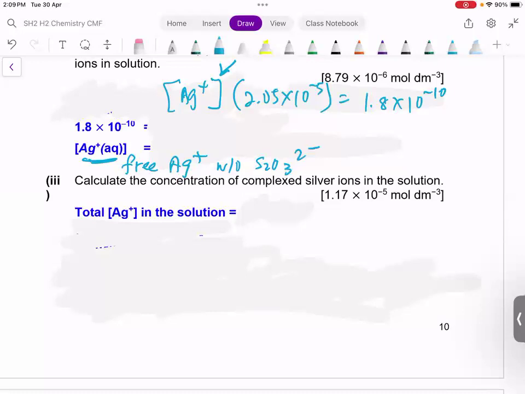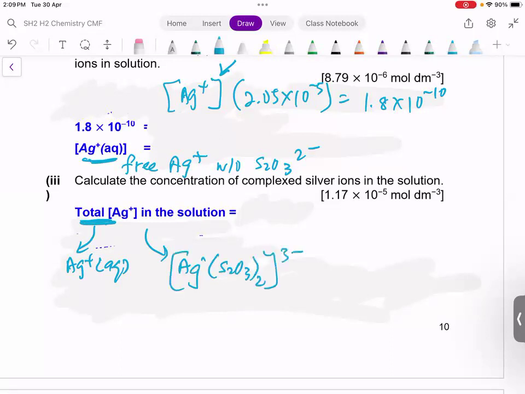Okay, but when I make use of this term total Ag plus, what do I mean? What does the total Ag plus in this solution mean? Yeah, so it will be the silver plus that is free as well as the silver plus that is with the complex. This is the meaning.